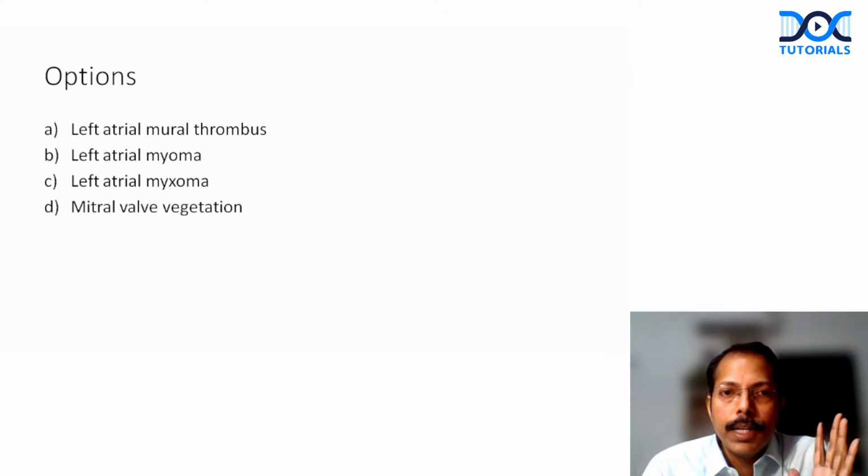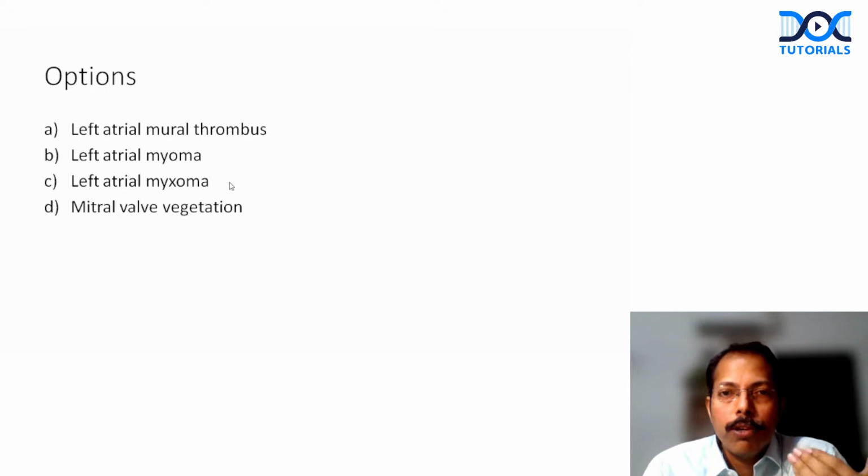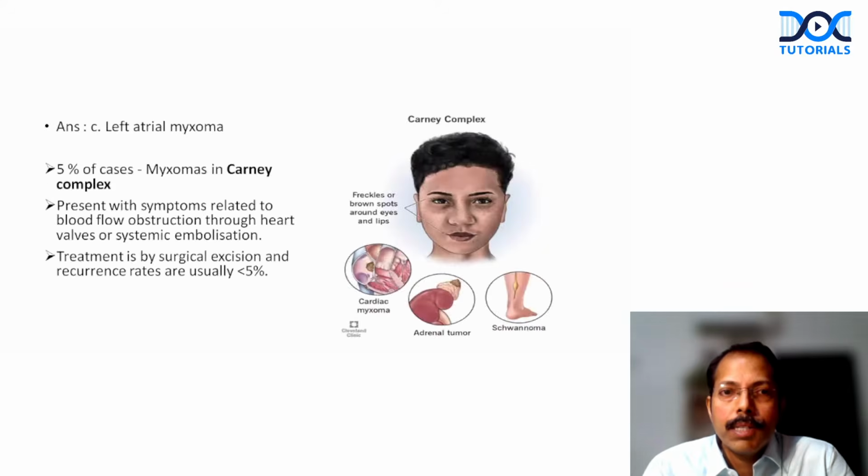So it could be any of the options, but with the hint they have given in your question, the patient is having bilateral pheochromocytoma. Are you able to recall what we have learned in our classes? So we have discussed the Carney complex, right? So the correct answer is left atrial myxoma.